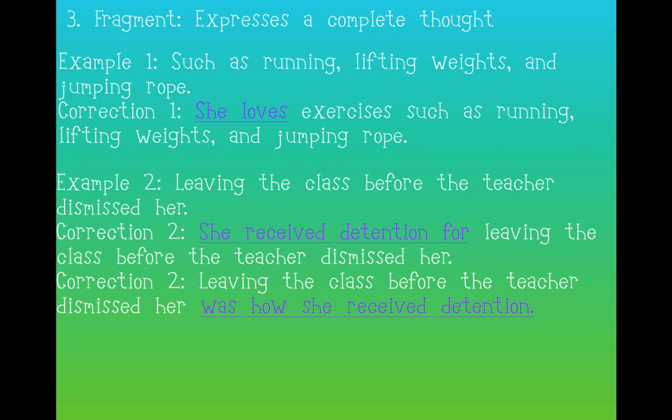You can put it in the beginning, and it completes the thought. Same thing with the second correction: "Leaving the class before the teacher dismissed her was how she received detention." Again, it lets us know the consequences of that, and it completes the thought.